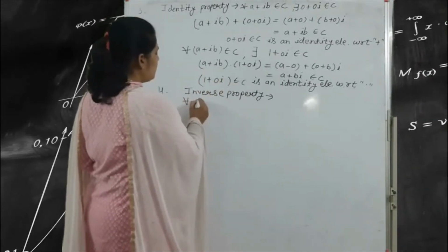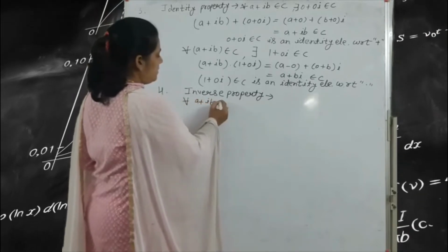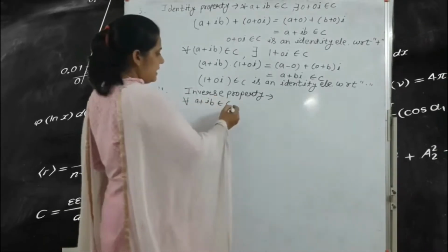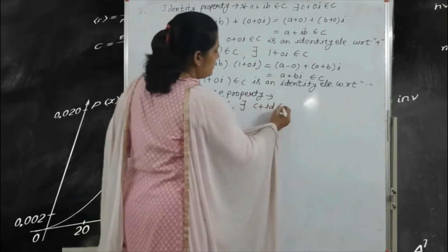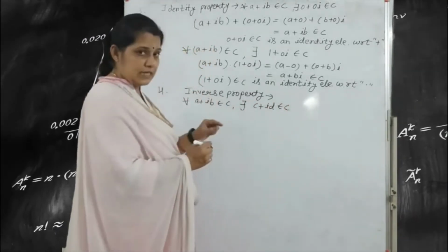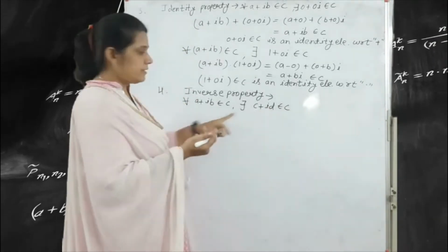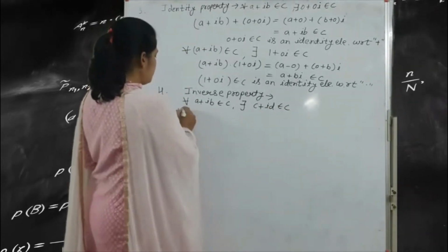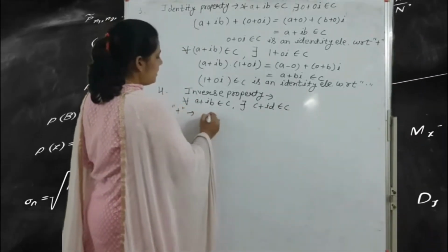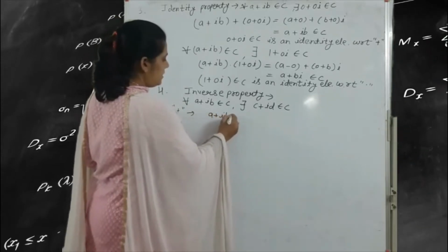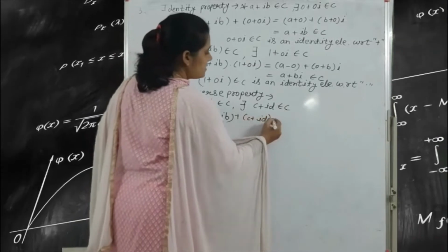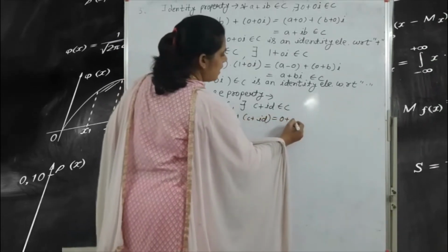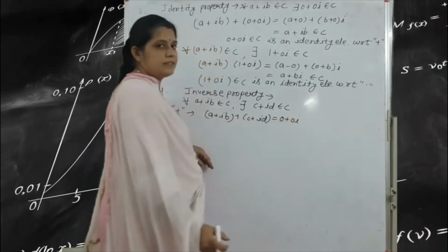For all a + ib belonging to C, there exists c + id which also belongs to C. According to addition, (a + ib) + (c + id) is equal to the identity element 0 + 0i.